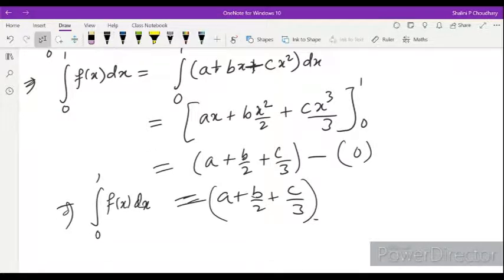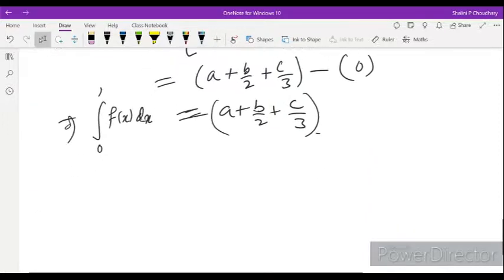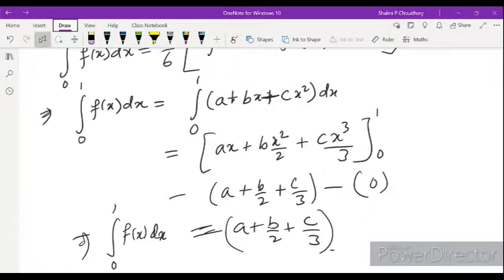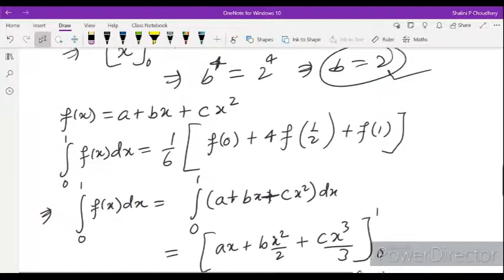Now we have got this value for fx with respect to dx over the interval 0 to 1. Now we have to find the values of f0, f1 and f of 1 upon 2. So first of all, what is the value of fx?